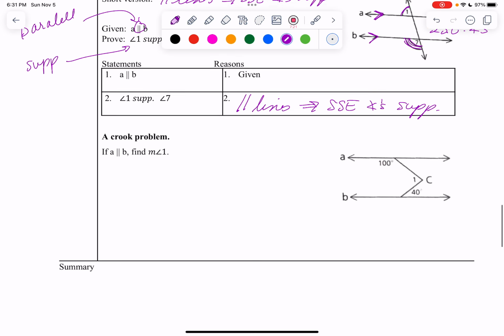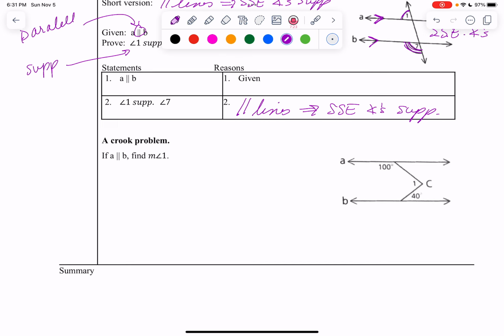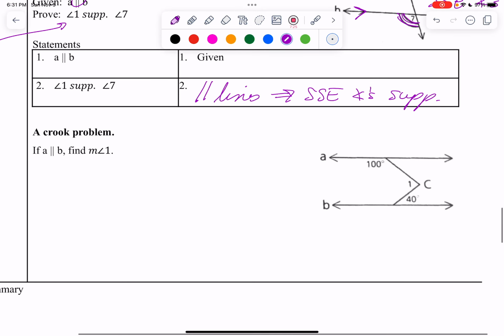All right. This last problem is a little bit of a trick. Not a lot, but a little bit. So the first thing we have to do is I need to draw a third line.